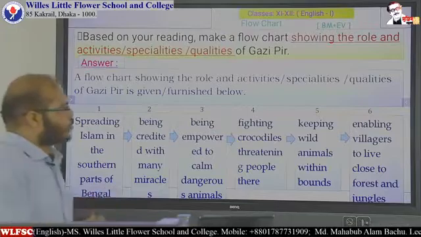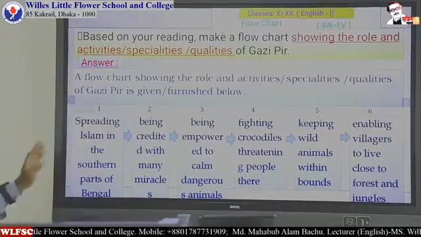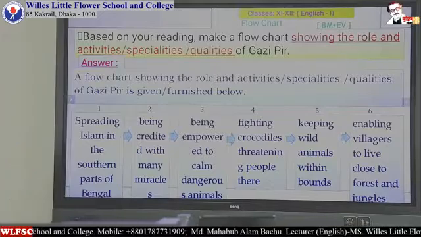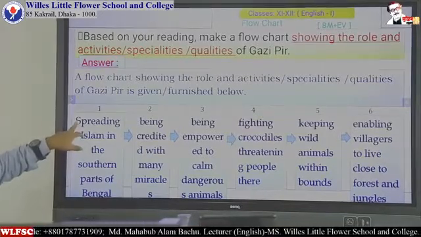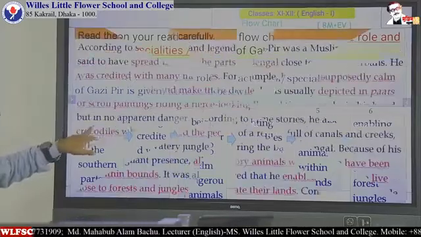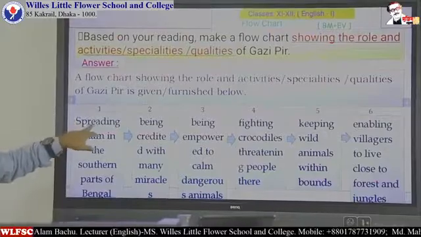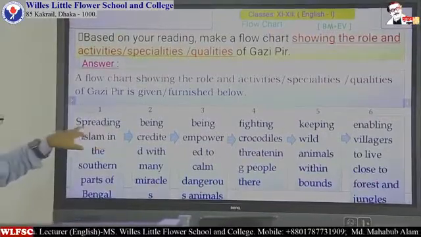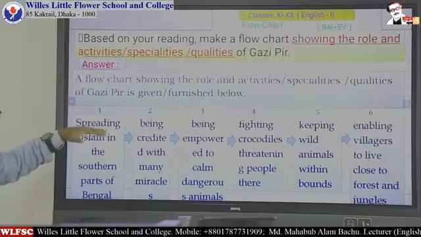So the first one, look at the first one, spreading Islam in the southern parts of Bengal. Look at the starting word, spreading, spread plus ing. So spreading means verb plus ing form.